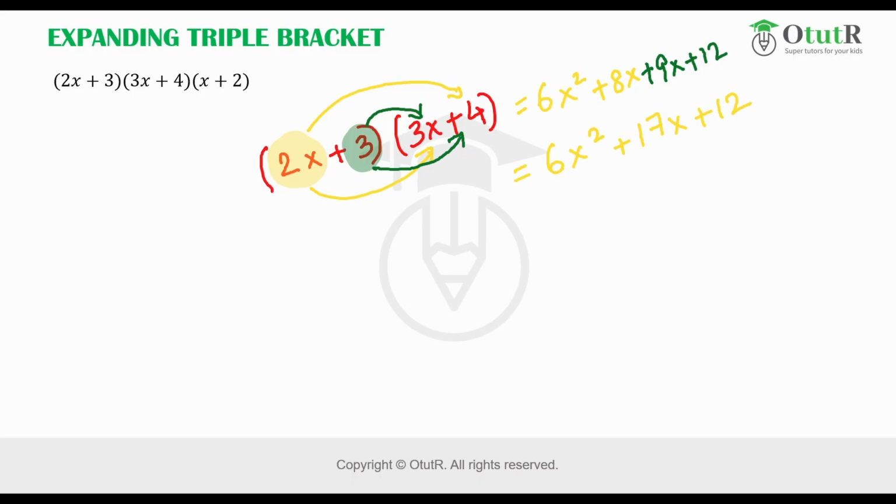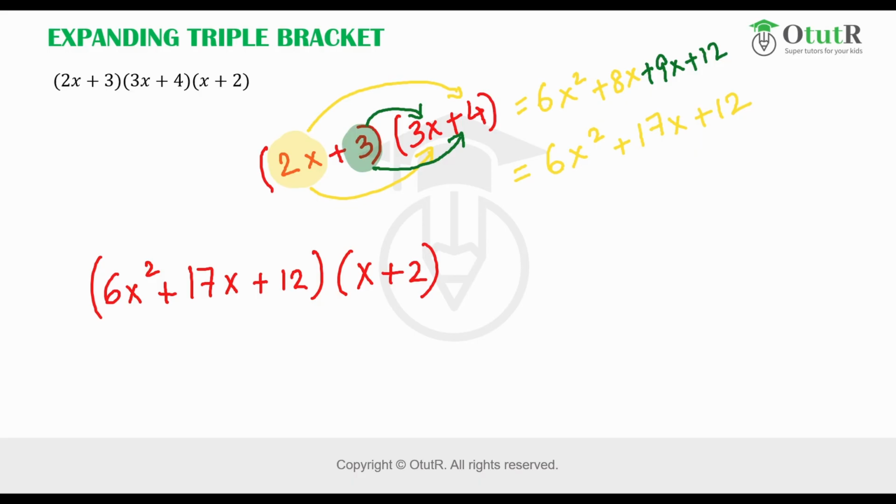So we are going to multiply 6x squared plus 17x plus 12, and we are going to multiply this entire thing with our third bracket, which is x plus 2.